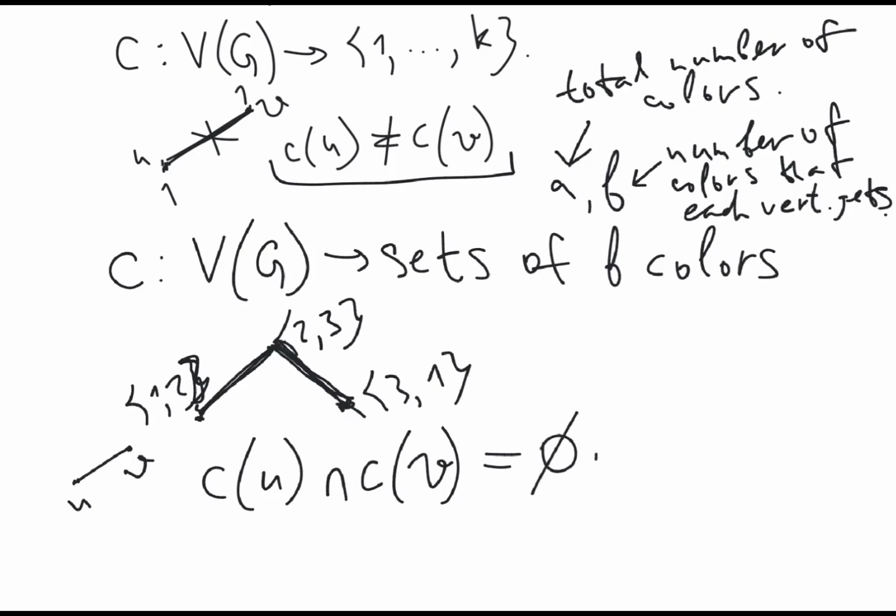Here we have the set of colors 1 and 2, and here the set 2 and 3. They're not disjoint. The color 2 is in common for these two vertices, therefore this is prohibited. So this coloring is not a valid fractional coloring.